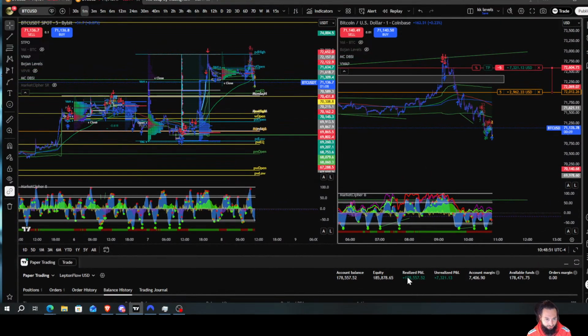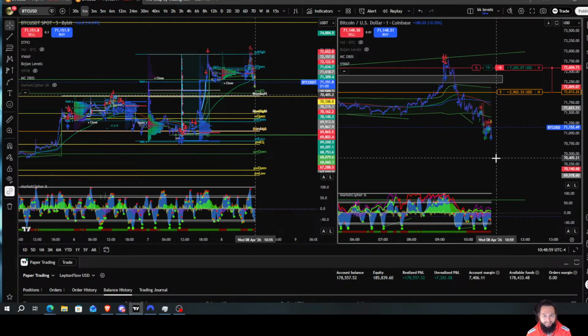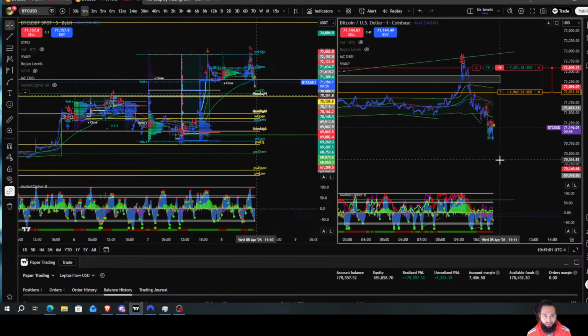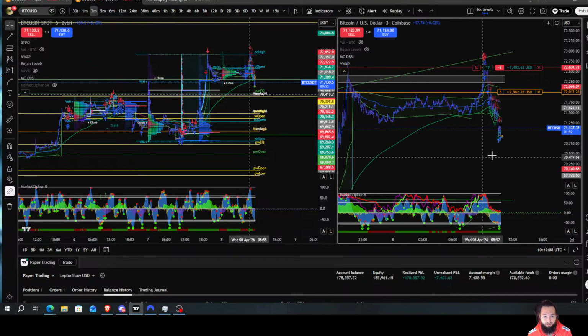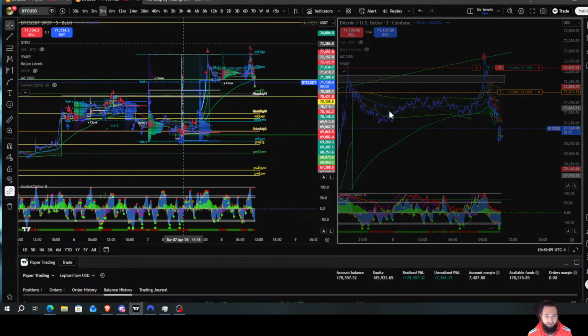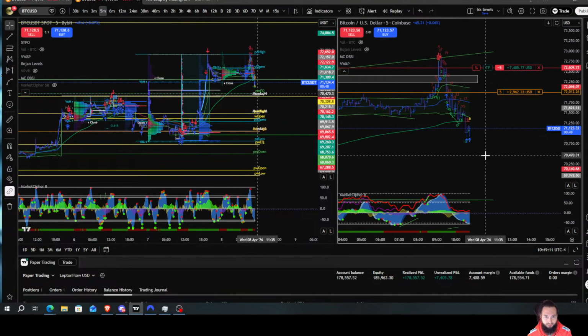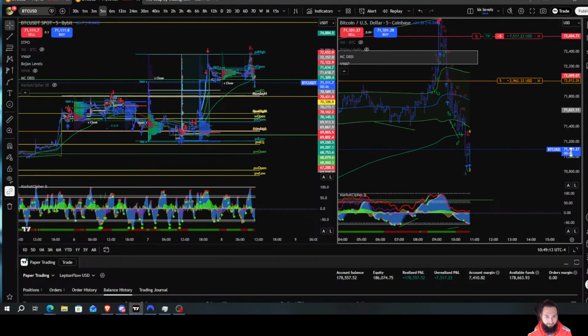Locked in. You see how the realized P&L went up from 76 to 78. So I am steadily increasing this account, and it does look like we're getting a reversal here, y'all. Let me check. This is the 1 minute now. I don't really take the 1 minute too serious. Let me just see what we have on the higher time frames.